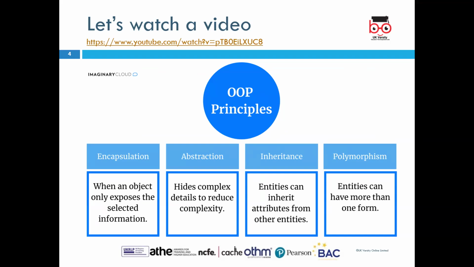Abstraction hides complex details to reduce complexity. Inheritance is where child classes inherit their parents' attributes. And polymorphism is where entities can have more than one form.